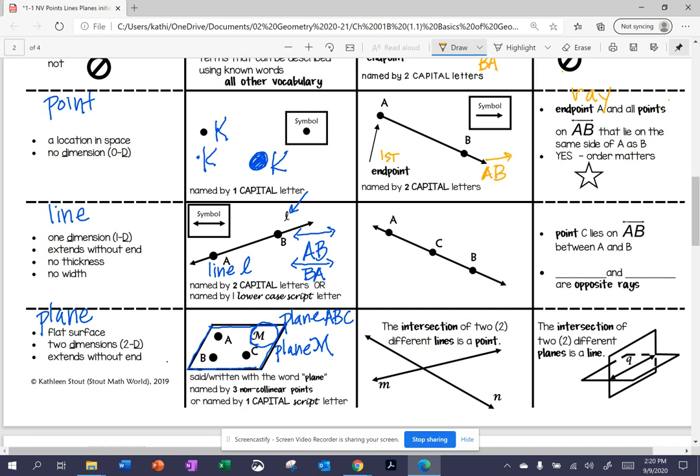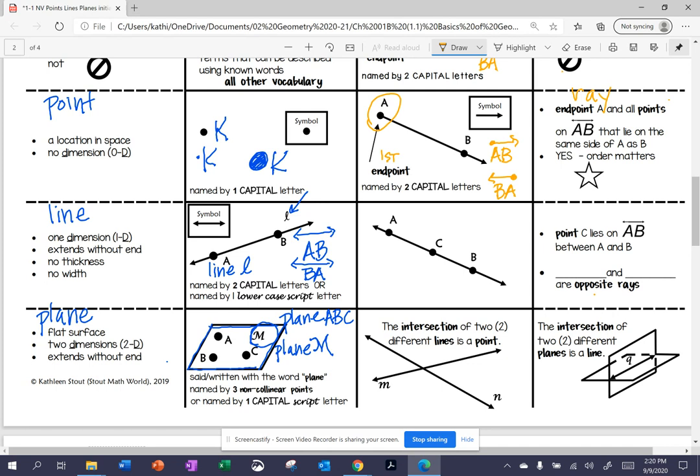Or I could draw my arrow this way. That's kind of hard to see. So ray AB. I have the endpoint at A because I name the endpoint first. So the order of a ray matters.